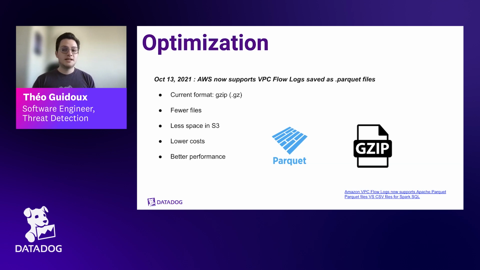And finally, at this scale, Spark SQL is more efficient when it's run on Parquet files. If we compare the same query on CSV files and Parquet files, having the same data, the query run on Parquet files is 10 times faster than on gzip files. And basically, this leads to better performance for lower costs. How good is that?